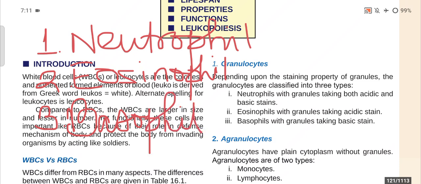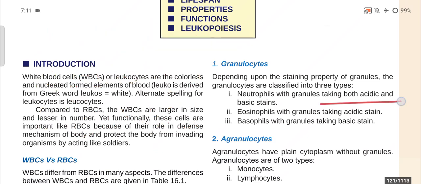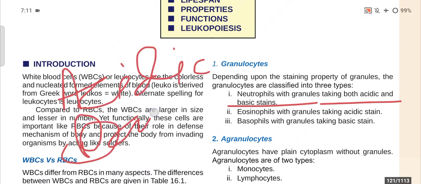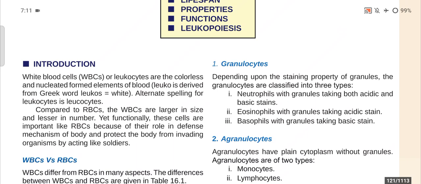Let us discuss one by one. The neutrophils are with granules taking both acidic and basic stains. In case of eosinophil, they take only the acidic stain, and basophil take only the basic stain. So these are the differences.